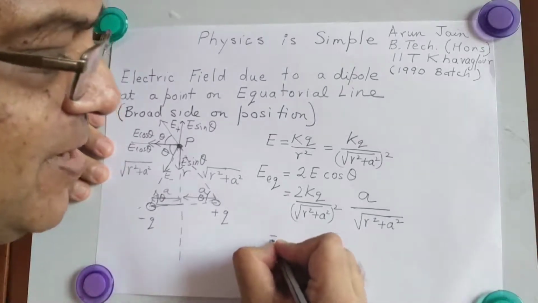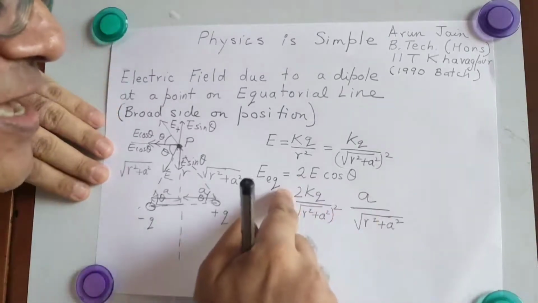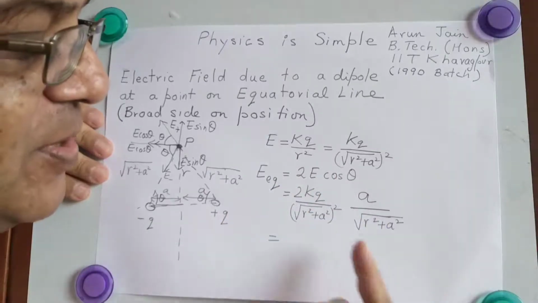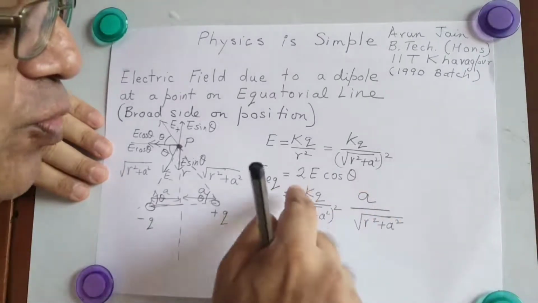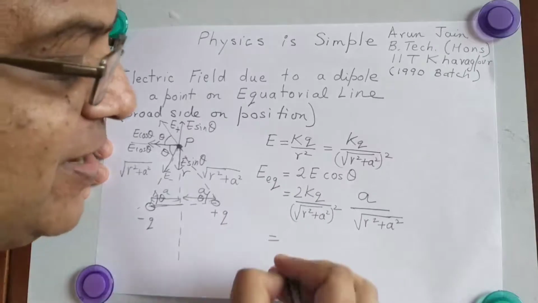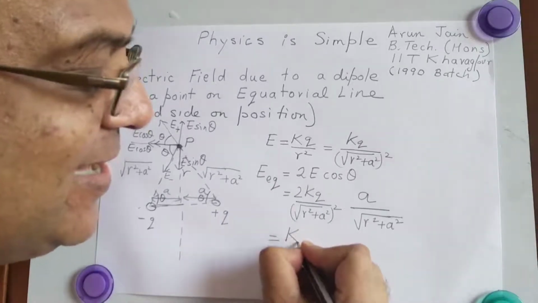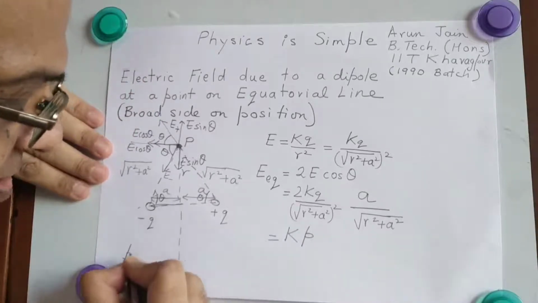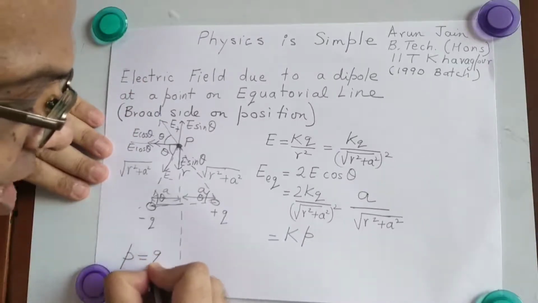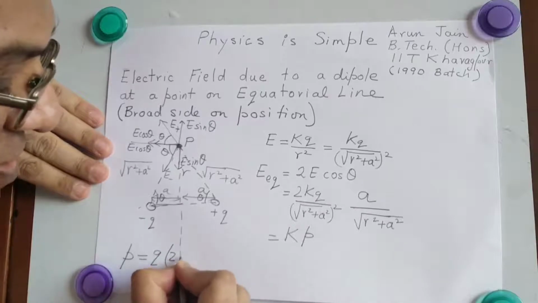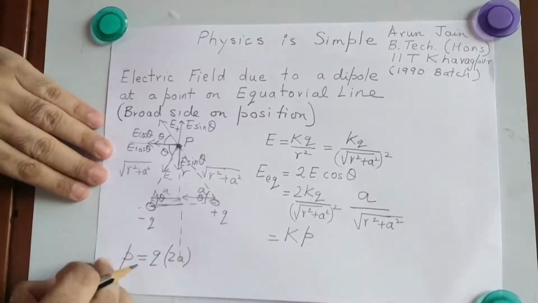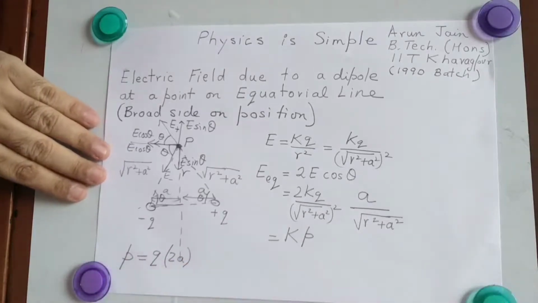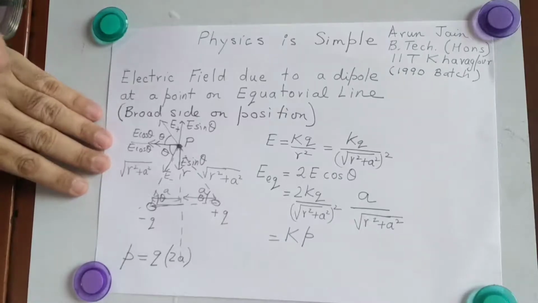Now Q into 2a is called dipole moment. So instead of writing Q into 2a, we can write that as dipole moment p. Dipole moment is magnitude of either charge multiplied by the distance between them. 2a is not double the distance, 2a is the distance between the charges. So be aware of that.